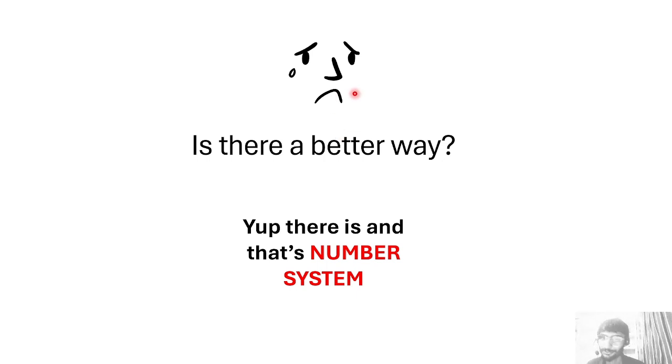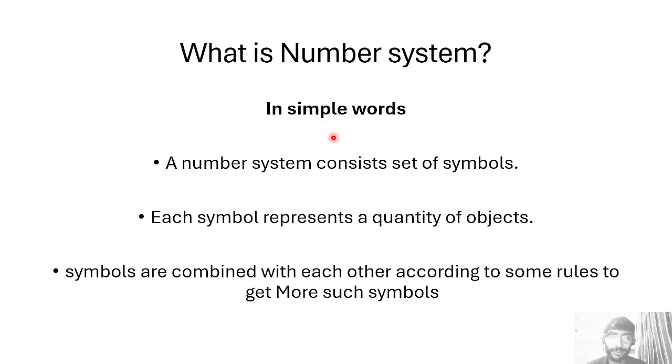Well, Frank is clearly frustrated and wants a better way. Is there a better way? And for your information, Frank, there is a better way, and that's the number system. So what is a number system?